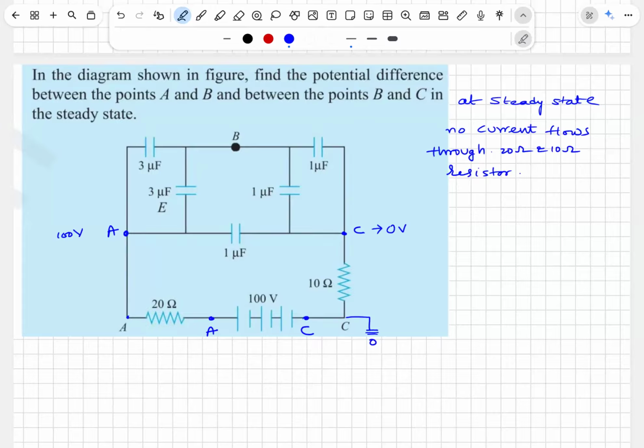This is the first stage of the problem. Any students having doubt on this, ask me right now. I'm asking you again.